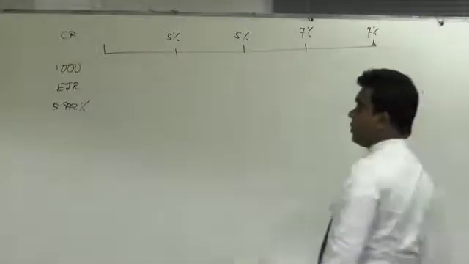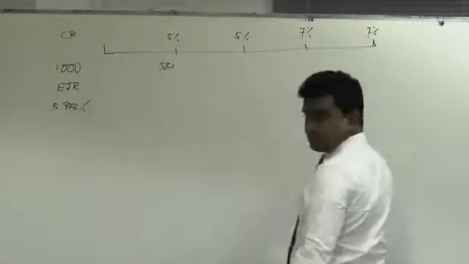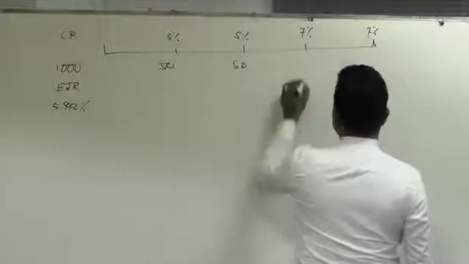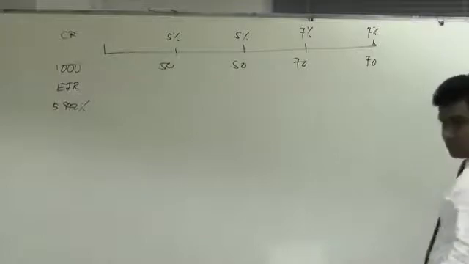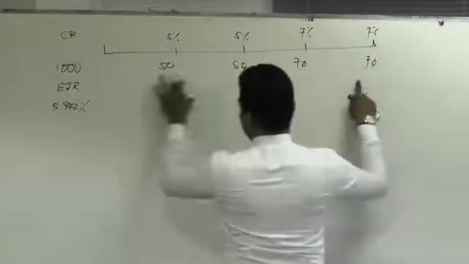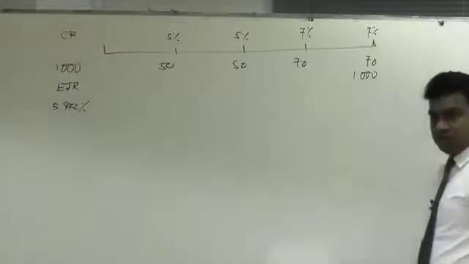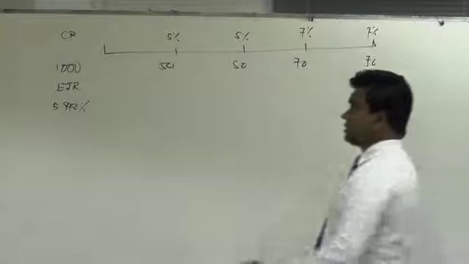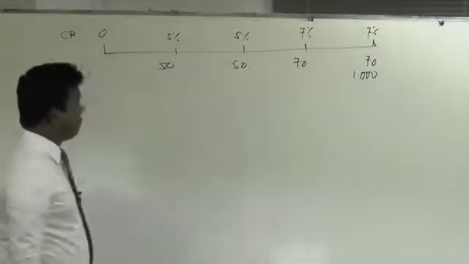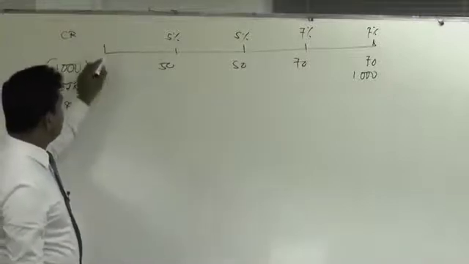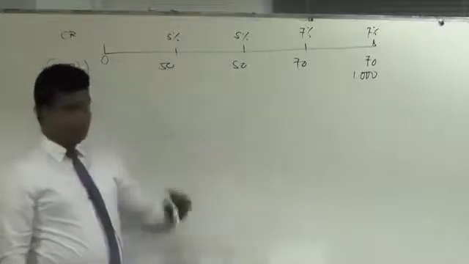According to the coupon rate, you are required to collect 50,000 as interest income, 50,000, 70,000, and 70,000 as interest income. These are the expected future cash flows. At the end of the 4th year, you will have the par value at redemption. This is the amount you have invested at this date, at year 0, right? Year 0, these are the future cash flows. Got it?